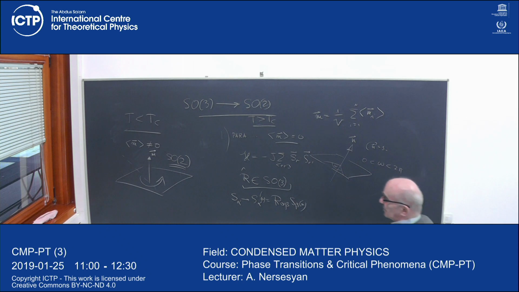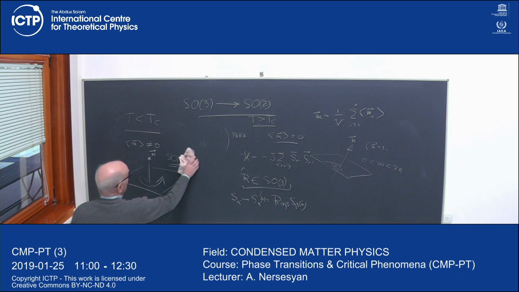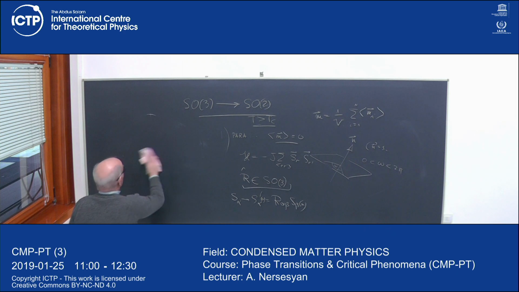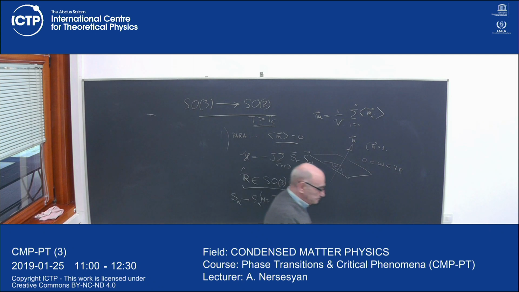There are many more examples. For instance, it's harder to perceive immediately, but maybe you will have a course, of course you will, with Professor Kiselev on many-body physics. And there you will learn about the phenomena of superfluidity, for instance, or superconductivity.